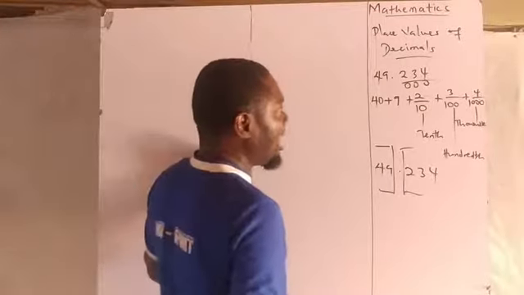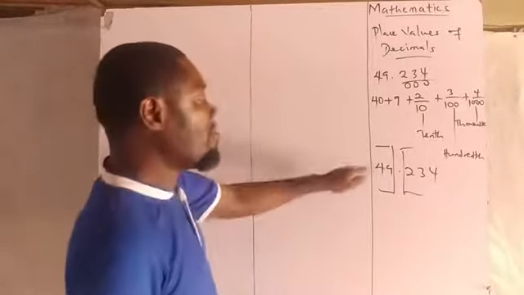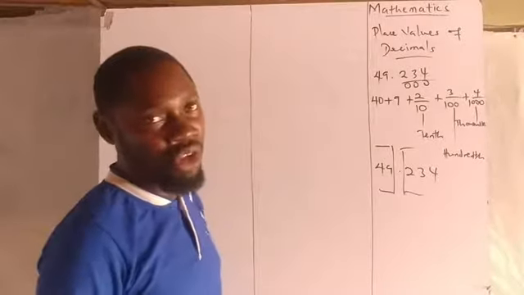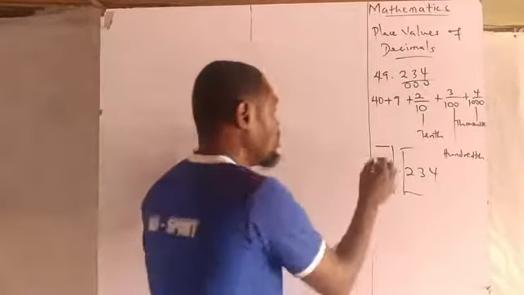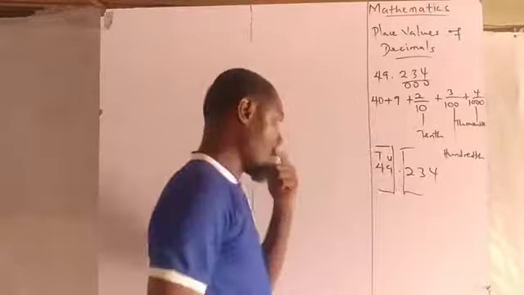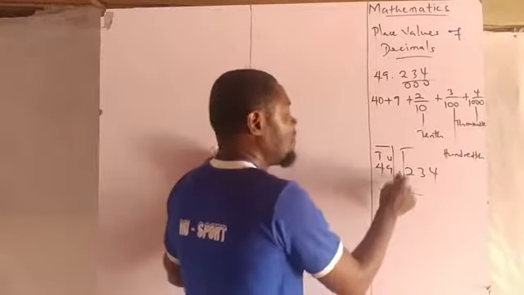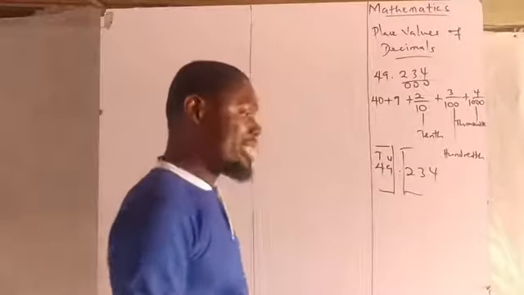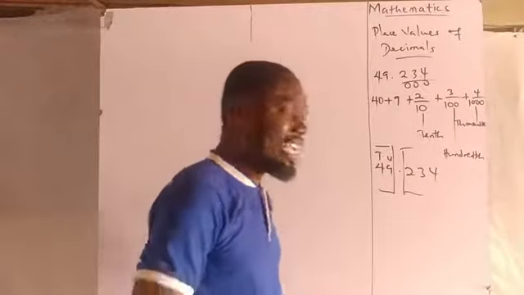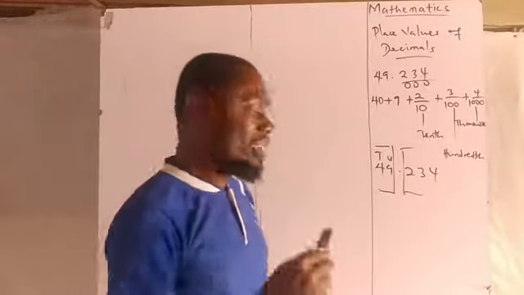In your place values of decimals, the whole number part remains the same way you know how to do the place value, which is unit, 10.